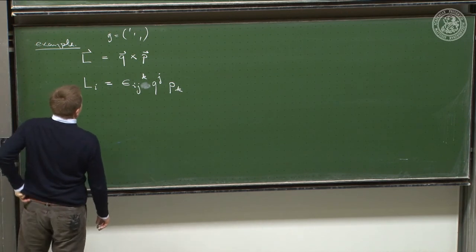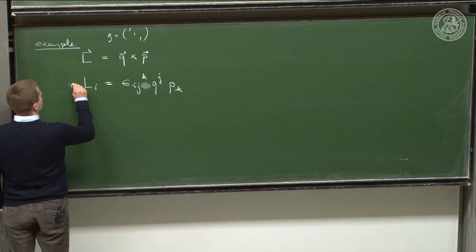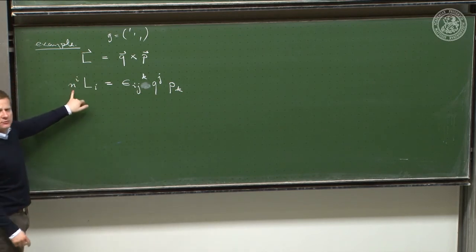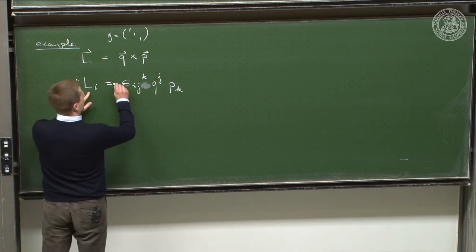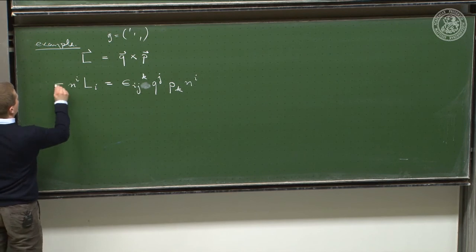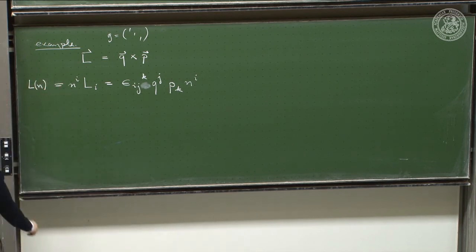And if I now want to get various angular momenta, I could always introduce an axis n around which I rotate. That would be the projection of this operator. So I would put here another n^i. That then gives me one rotation operator that depends on n. Okay, fine.